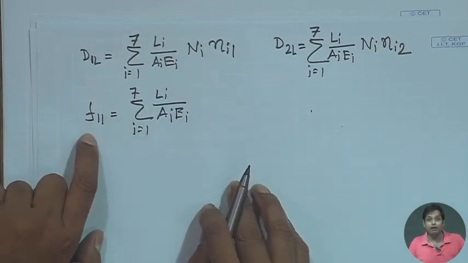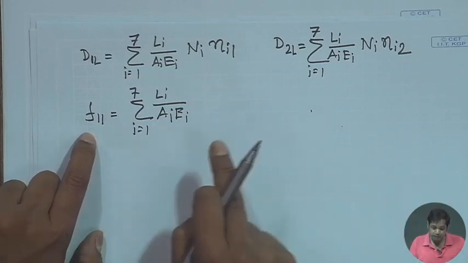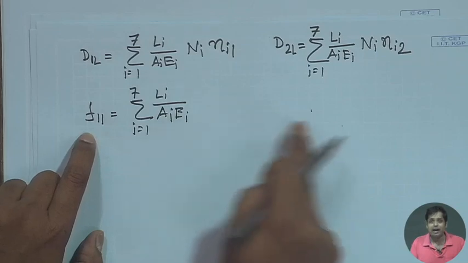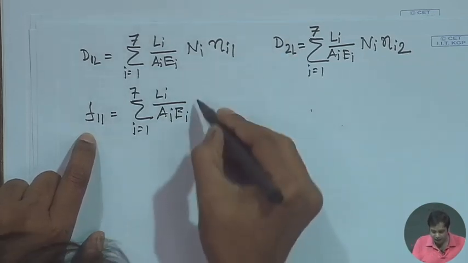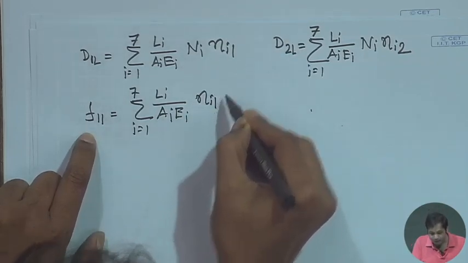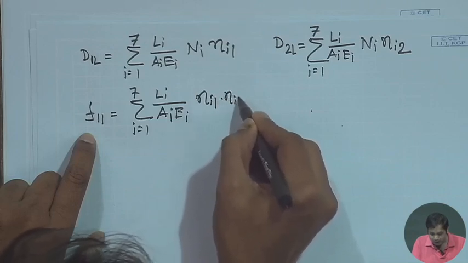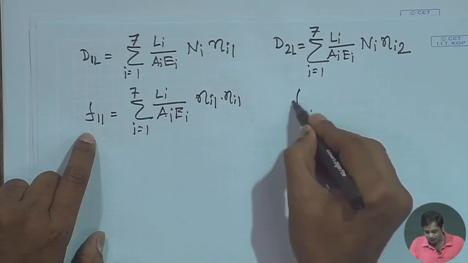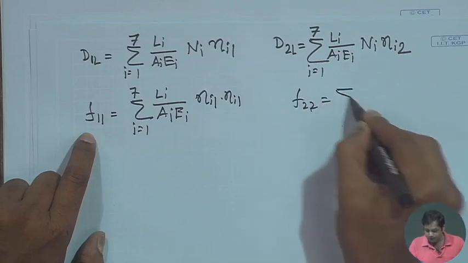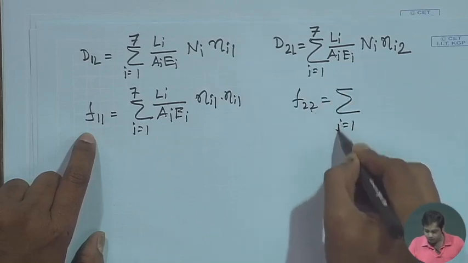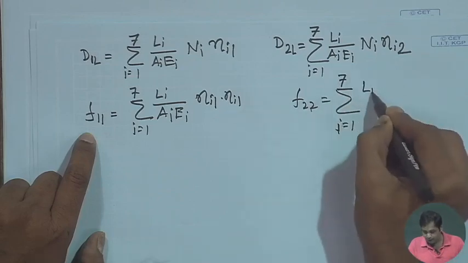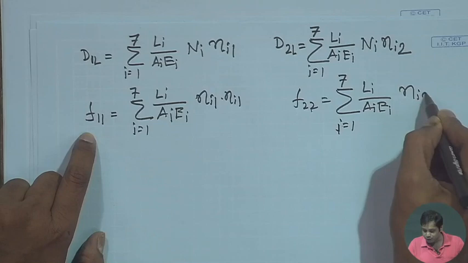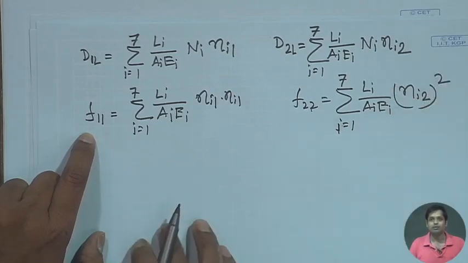F11 is the displacement in the direction of the first redundant when the force is applied in the direction of the first redundant, so it will be Ni1 into Ni1, or Ni1 square. Similarly, F22 will be the summation of i equals 1 to 7 of Li by Ai Ei and then Ni2 square.